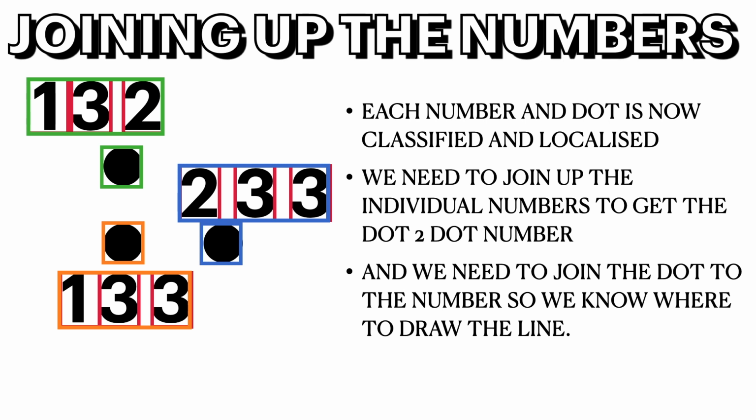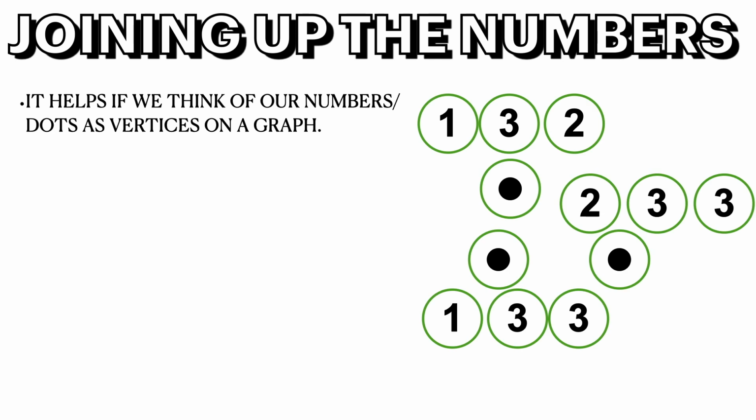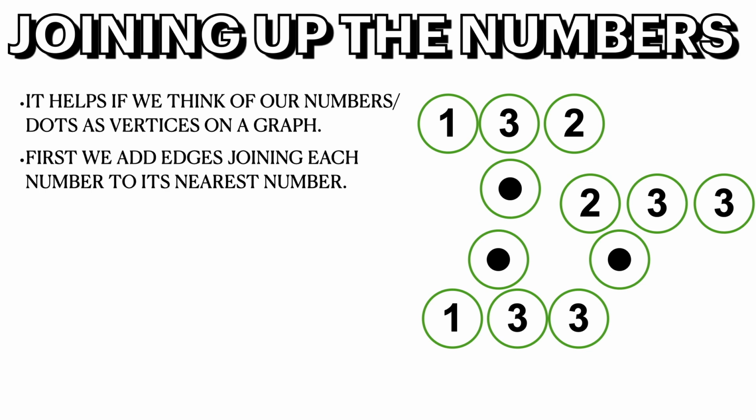The way I thought about it was to think of our numbers and dots as vertices on a graph, so graphs as in mathematical theory. Basically I assigned each number and each dot as a vertex, and then I found the best way to link them up was to first of all add edges, just one edge at a time, joining each number to its nearest number, and that looks something like this.